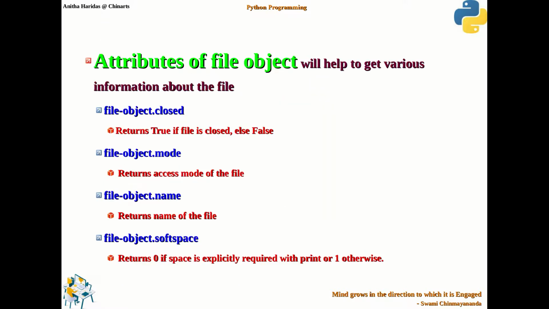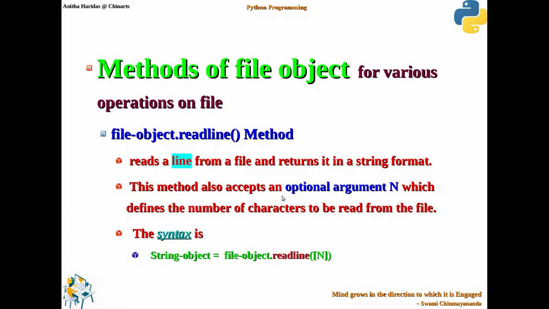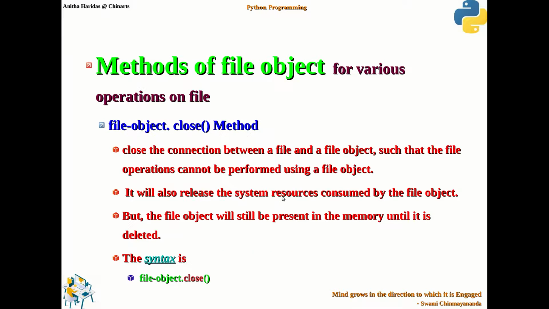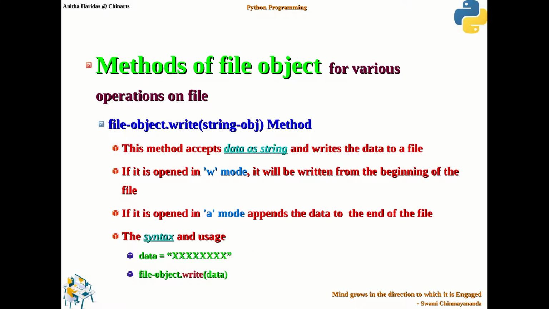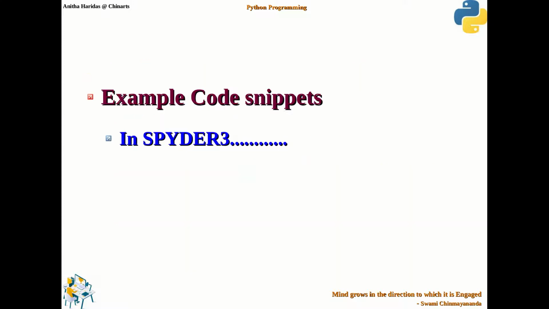Then we had seen some examples also. In our previous session we talked about the different attributes of a file object, then the different methods like read, readline, readlines, close, then the write method and writelines method. All those things we discussed in our previous session.